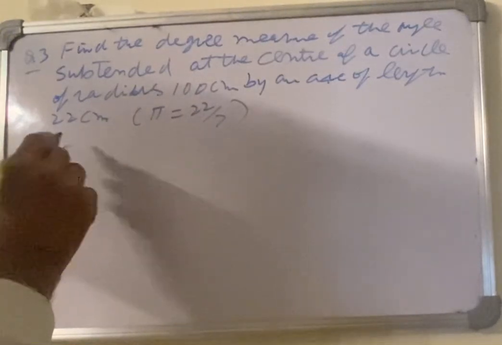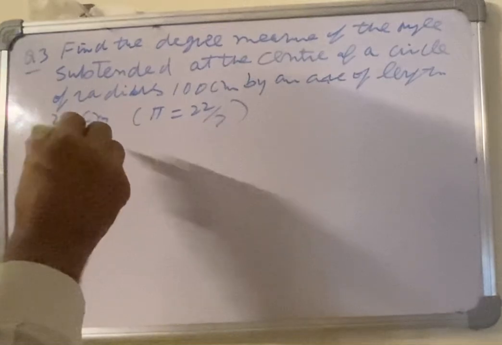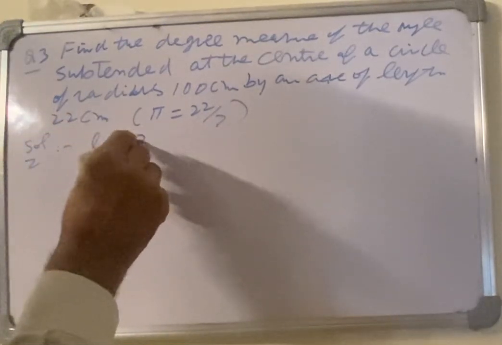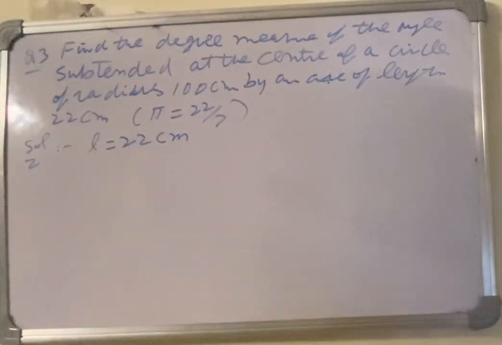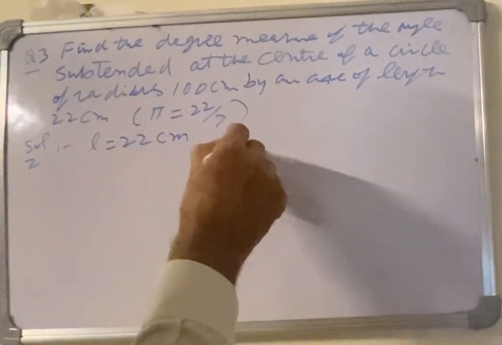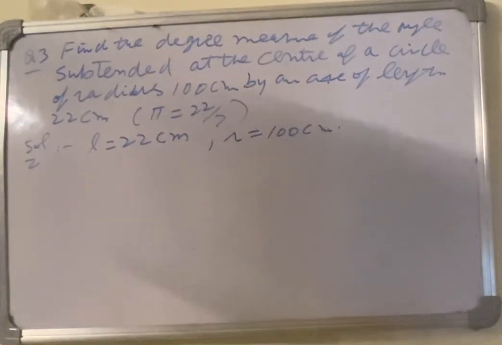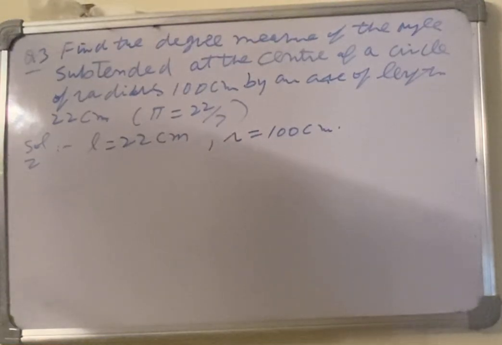Solution. Now we have length of arc L is 22 centimeter and radius R is 100 centimeter. So we can find theta in radian.